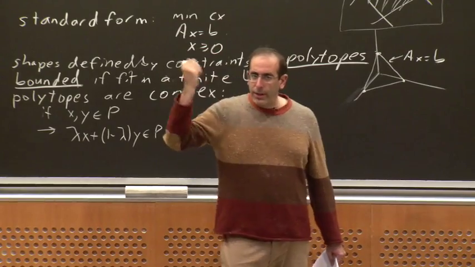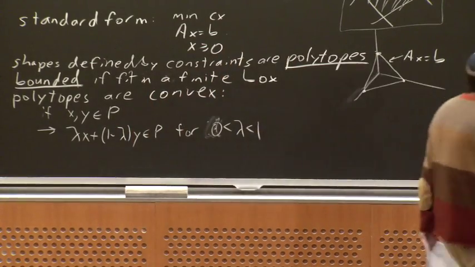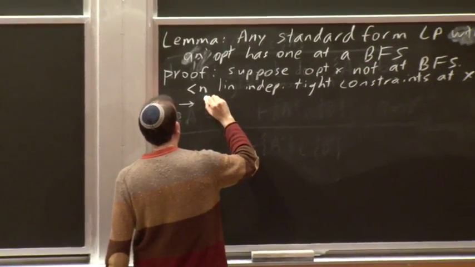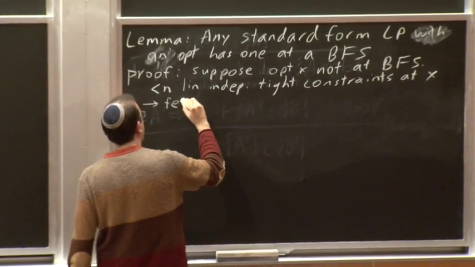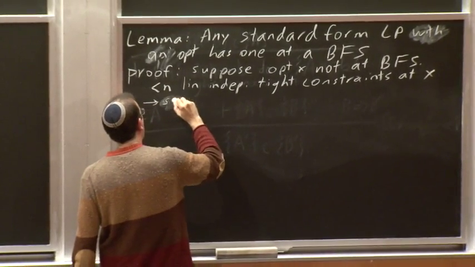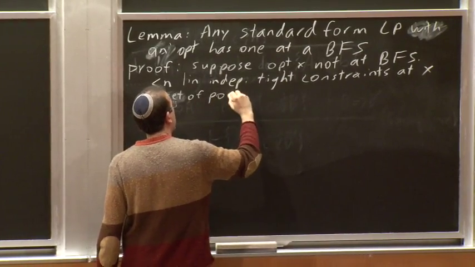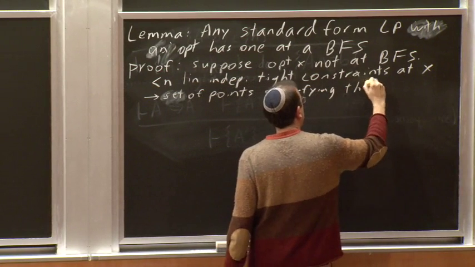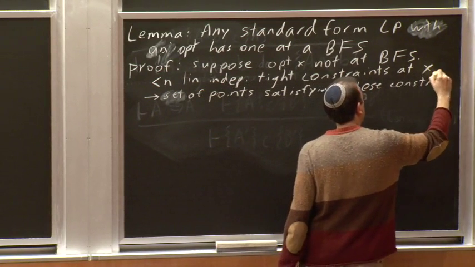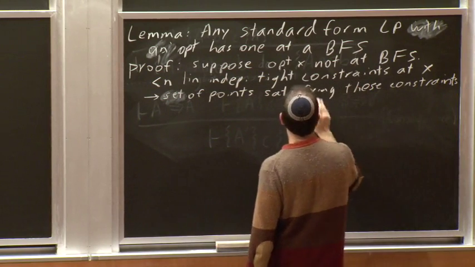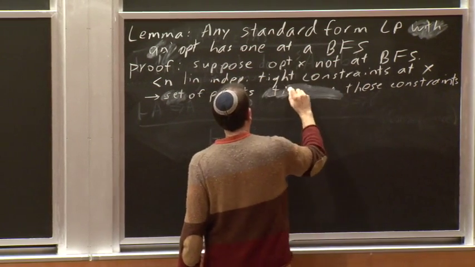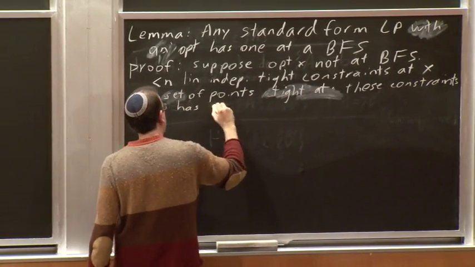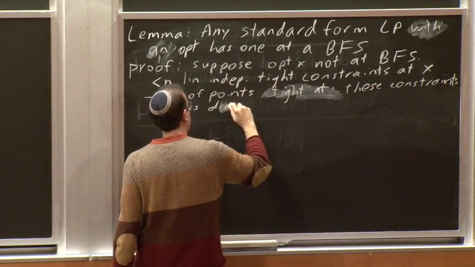It means that there's some degree of freedom for x, right? So this implies that there is a feasible subspace, the set of points that are tight at these constraints, that has dimension greater than 0.